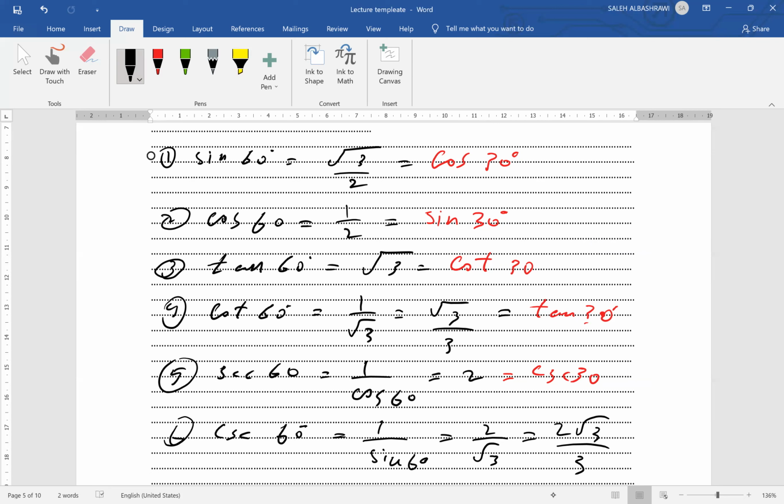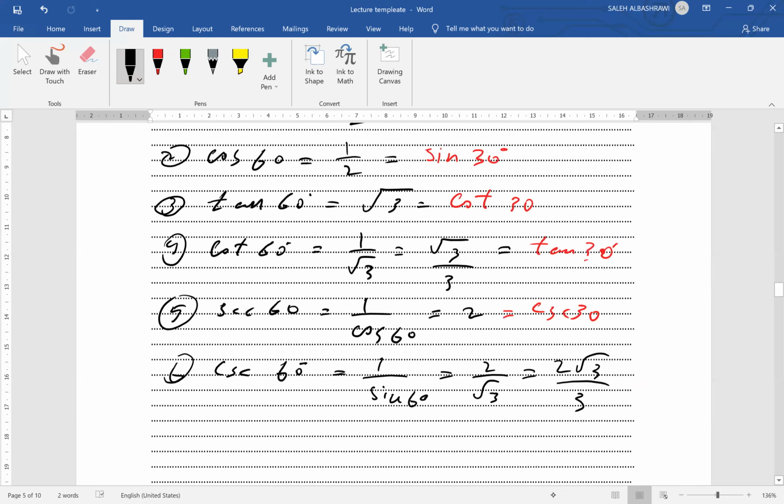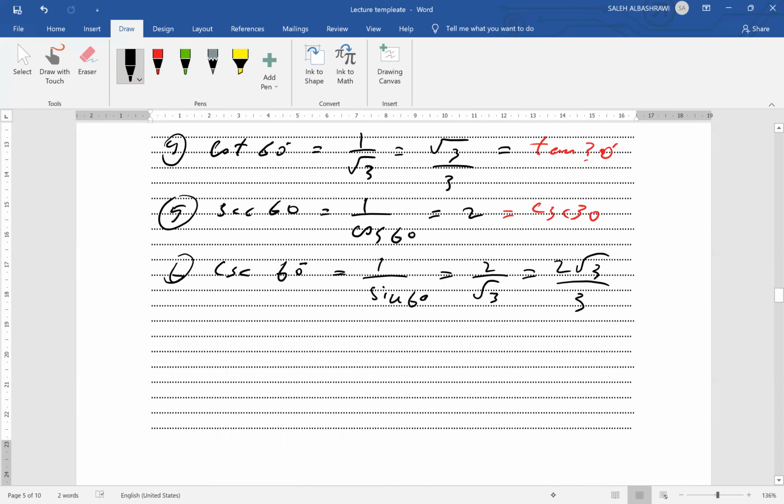So these are the special angles, 45, 30, and 60. And these are the 6 trigonometric functions, how to find the values for these special angles. Let's have one example on how to use these special angles to find some exact value for some expressions.